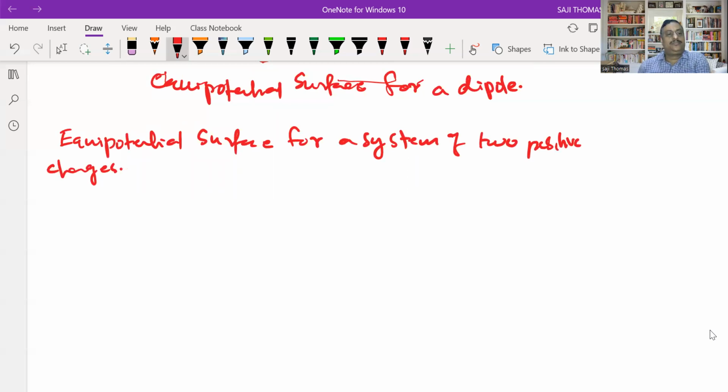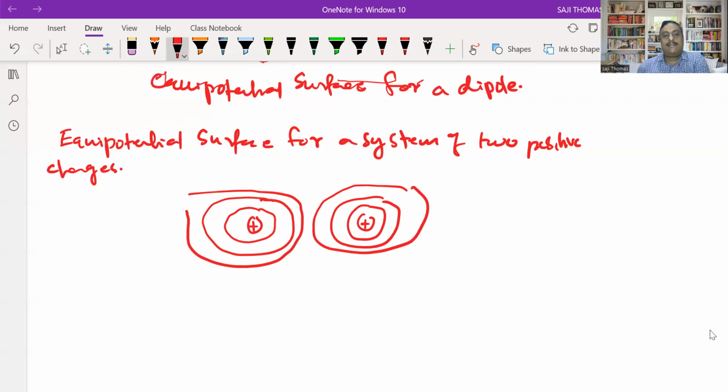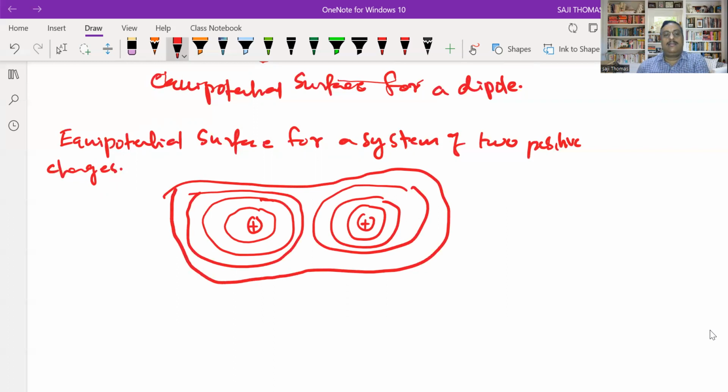Consider one positive charge and another positive charge. It will be like this for each charge. It will be like this. It will be like this. This is the shape of the equipotential surface for a system of two positive charges.